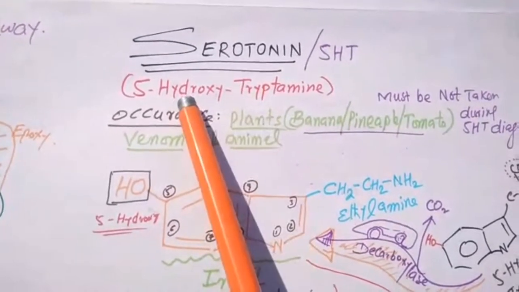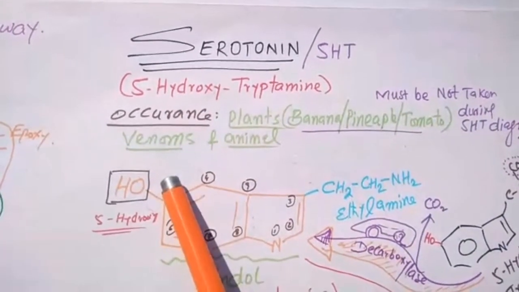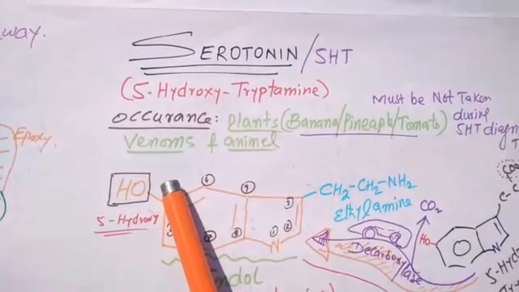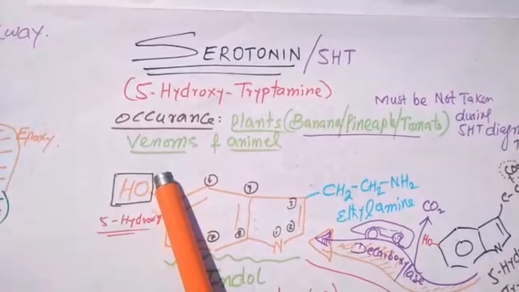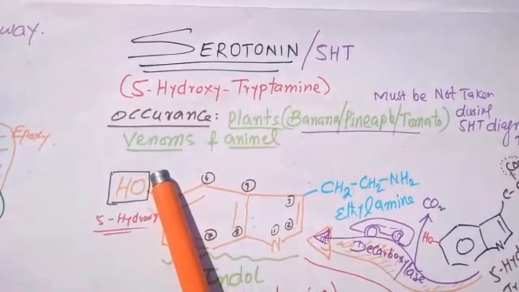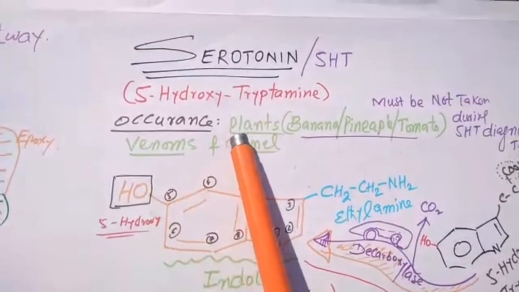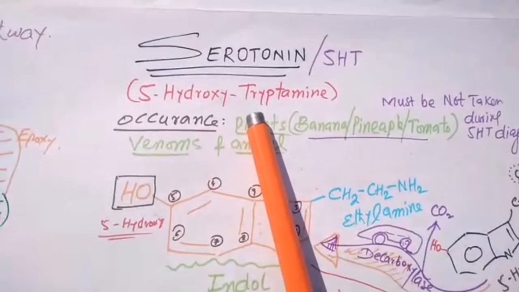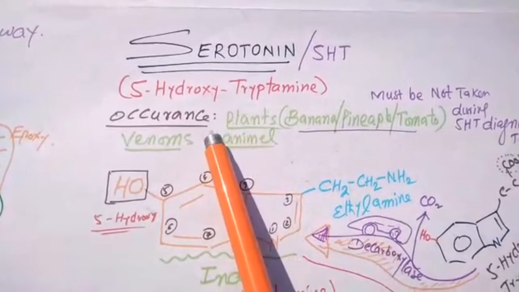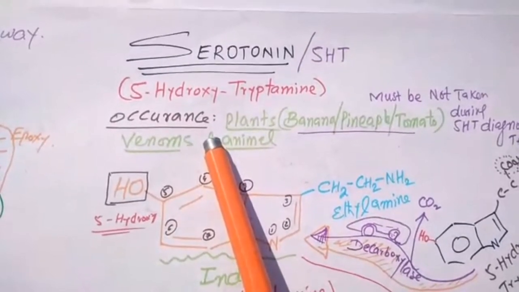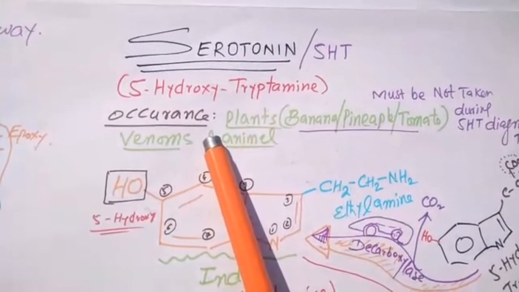Serotonin is also known as enteramine, which was found as a smooth muscle stimulant in the intestinal mucosa. In 1951, 5-hydroxytryptamine was identified, and it was confirmed that enteramine and 5-HT are the same.